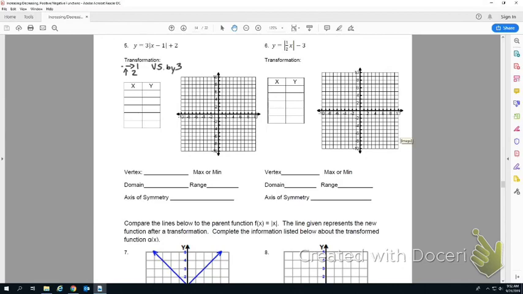So looking at the table below, what you want to do on the left side of the table, I am going to put the x values of the parent function. -4, -2, 0, 2, 4. On the right side, I'm going to put the y values, 4, 2, 0, 2, 4.